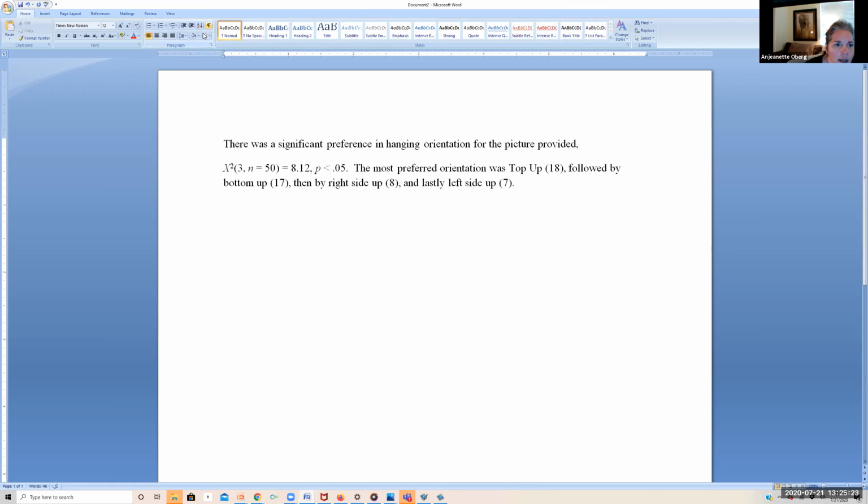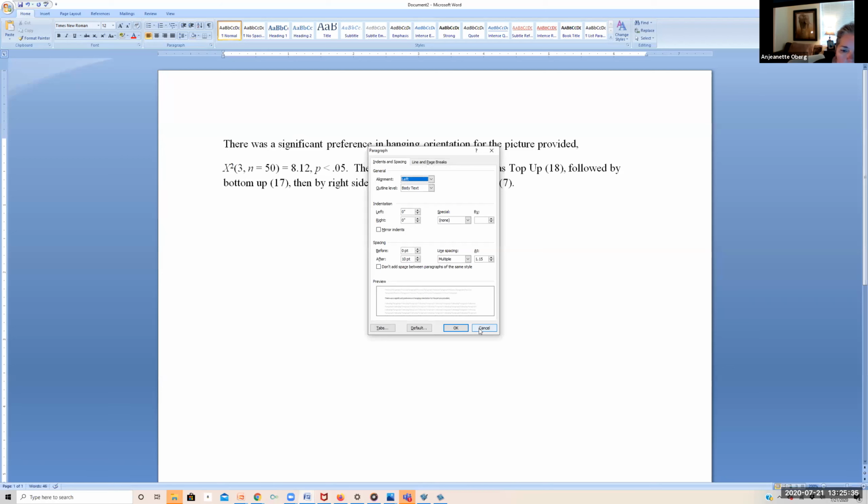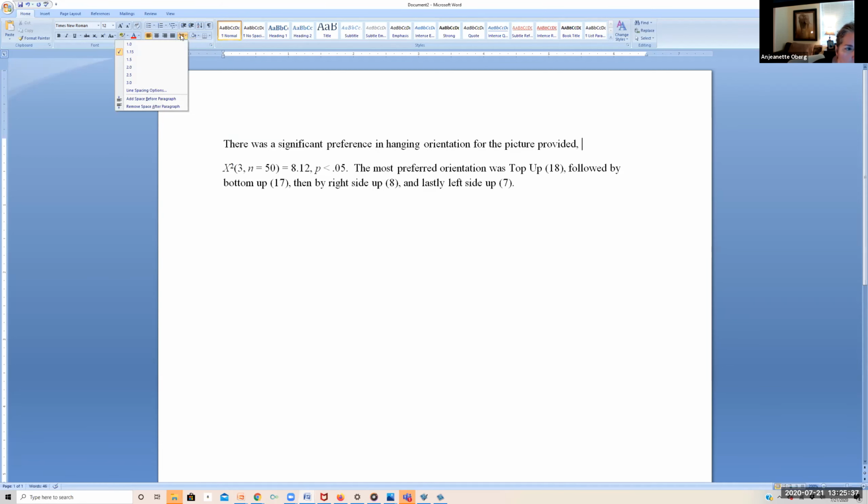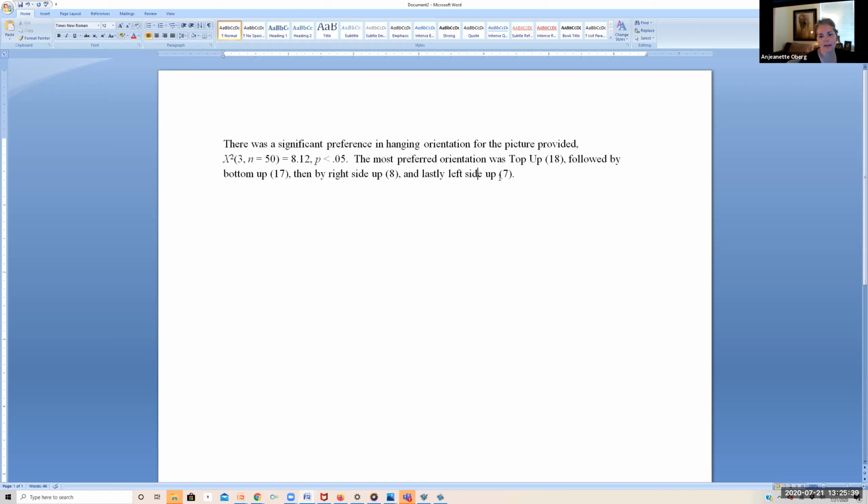And the only thing I'm looking at here is in terms of spacing. I wouldn't want to have this space, right? I'd want to keep it together a little bit more. So I would want to change my spacing and remove that space after the paragraph. There you go. So there is your sample for a chi-square goodness of fit.